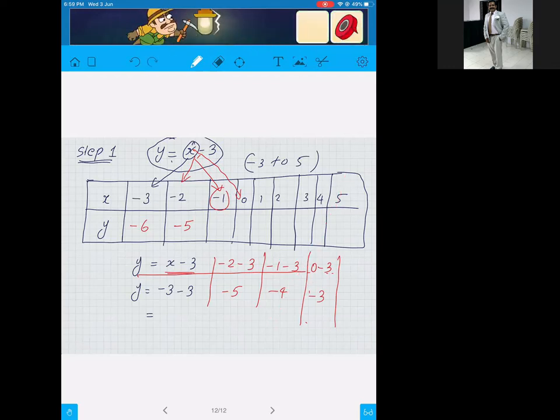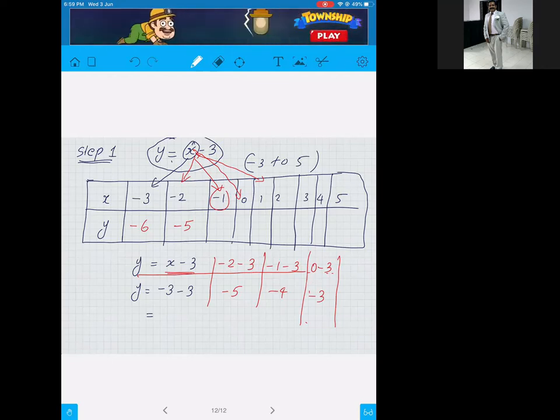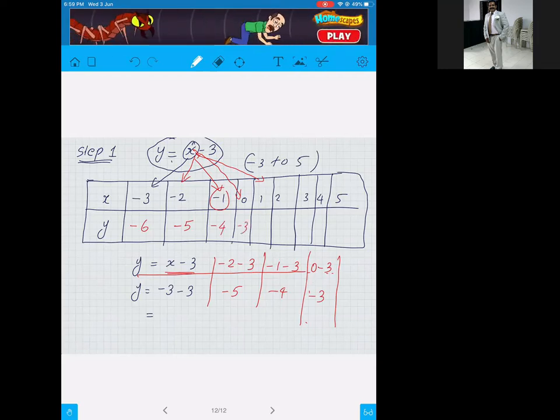Okay? Then you plug in x is equal to 1 in this equation. So can you fill this table, please? You got a logic to find the value of y for the corresponding value of x. So this is -4. This is -3. Can you fill?